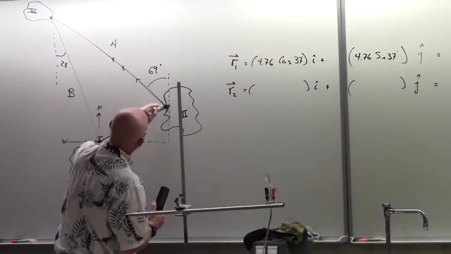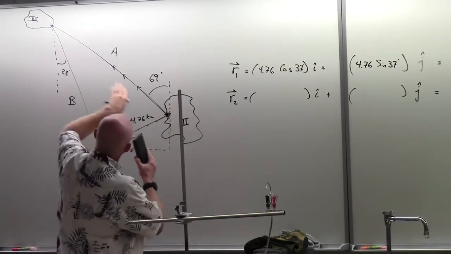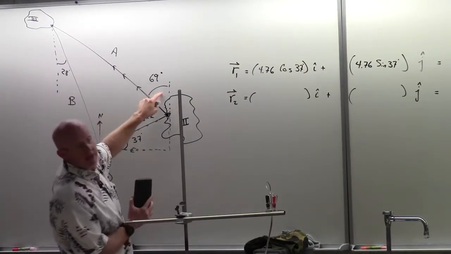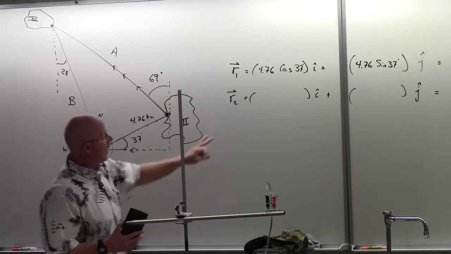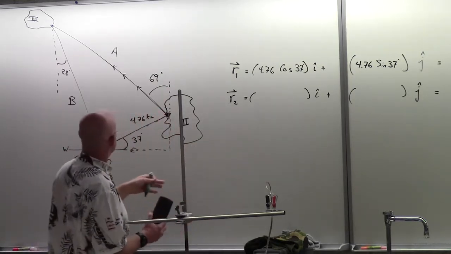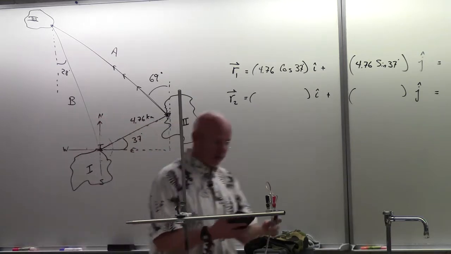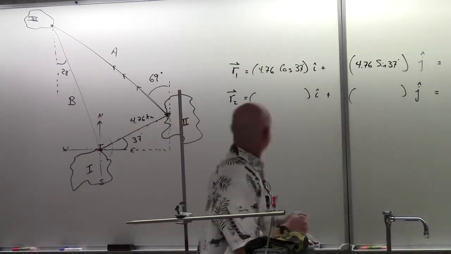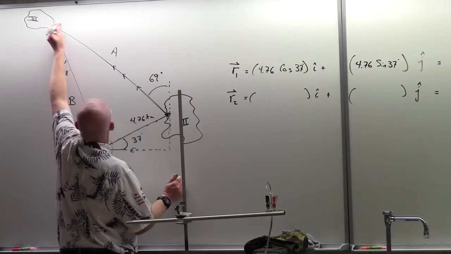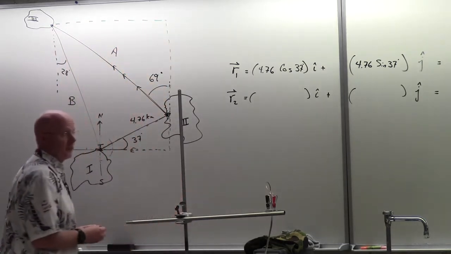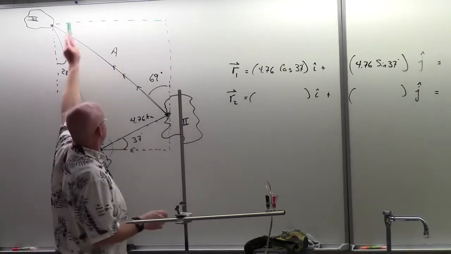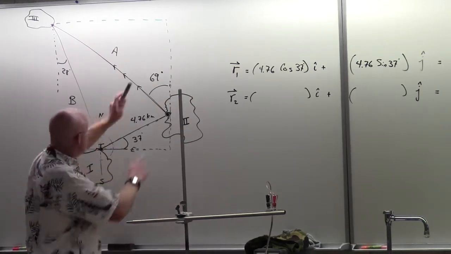So starting here and looking at this vector, you can see it's kind of angled off. They gave me this angle as 39 degrees. So if I wanted to know how much it moved in the x direction, I would make a little triangle out of this, and say the x direction would be here. This would be the hypotenuse.